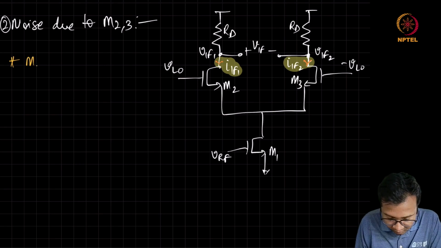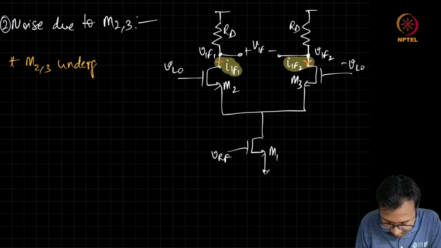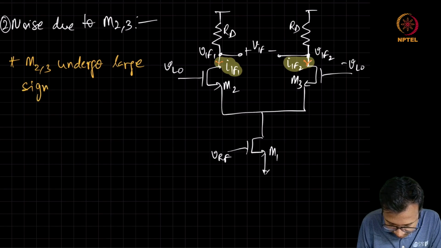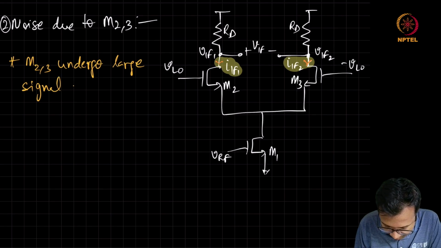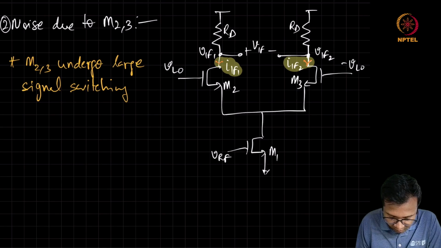So M2 and M3 undergo large signal switching.